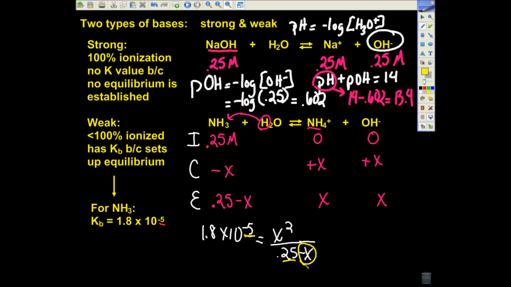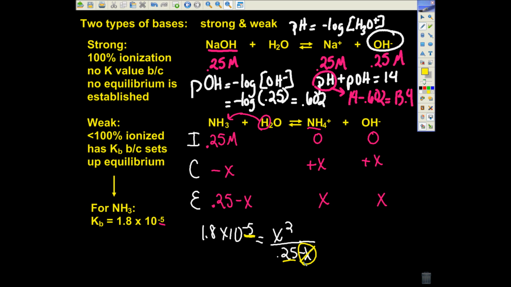That minus X is so small that when you calculate its value and subtract it from 0.25, you're going to get 0.25. It's going to round to 0.25. So we can just ignore that. And you can do that every time this Ka value or Kb value is less than times 10 to the negative 4. So beginning with times 10 to the negative 4, times 10 to the negative 5, times 10 to the negative 6, and so on, you can ignore this X value on the bottom of that fraction.